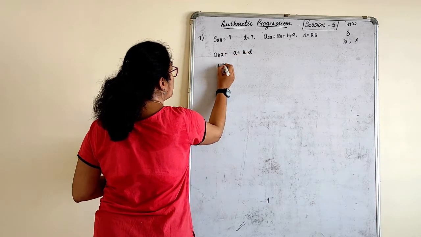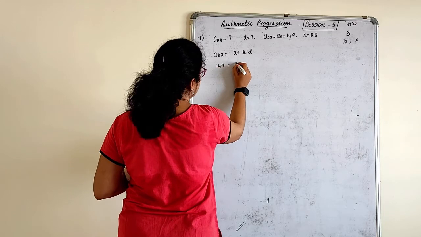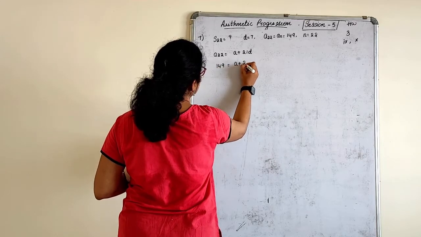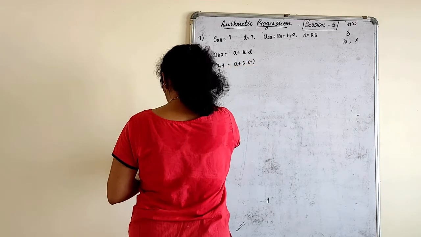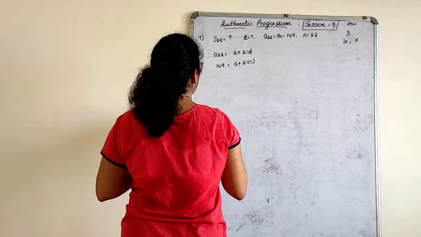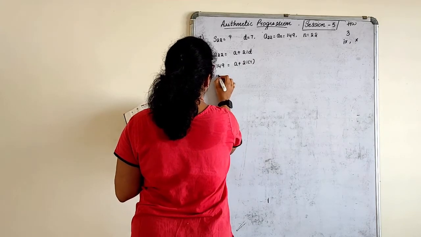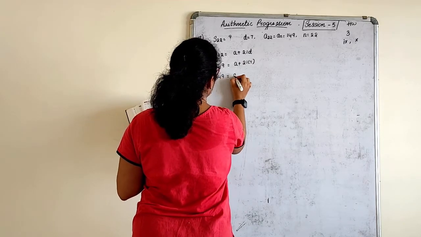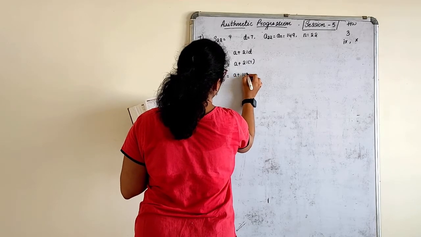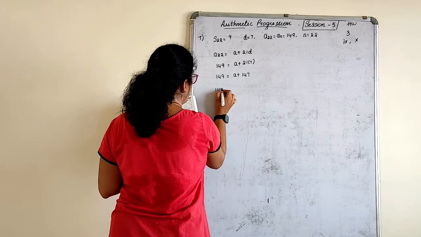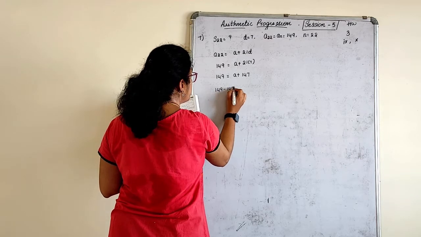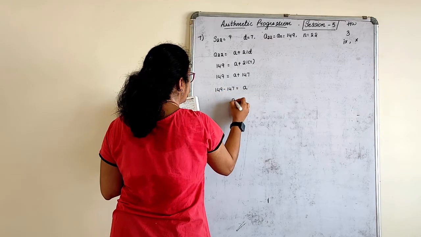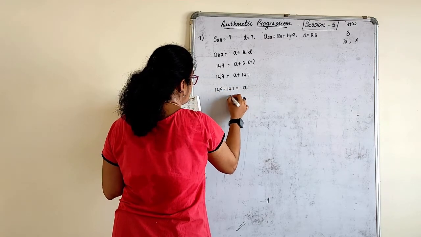A22 is 149, whereas A we have to find plus 21 into 7. 149 is equal to A plus 147. 149 minus 147 is equal to A, where A is 2.